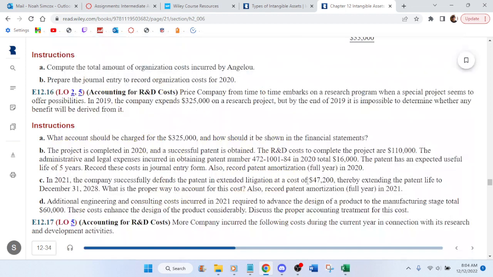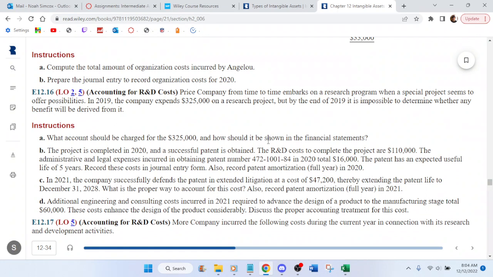And then C. Company successfully defends the patent at a cost of $47,200 and extends the useful life. So what you do is add that to the carrying amount. So you take your 16,000, subtract 3,200, then you add 47,200. But for the journal entry, all you have to do is patent 47,200, cash 47,200.